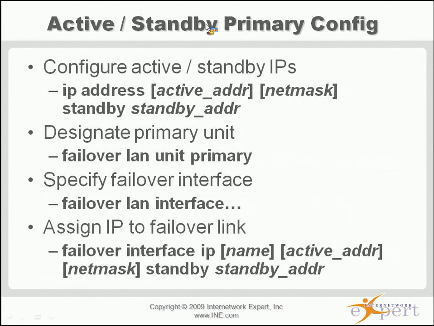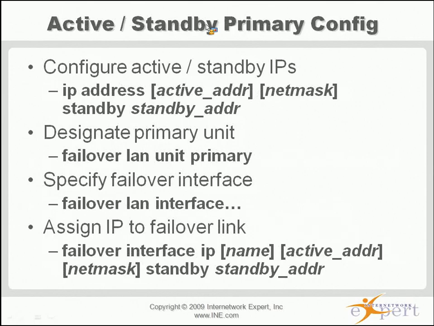If my primary was the .12, I could put in a secondary address of, say, the .13. And with that secondary address in there, if I was on that network and I wanted to ping the standby device, if it was up and alive, I could ping that .13 address and get a response back. That would be the standby device.